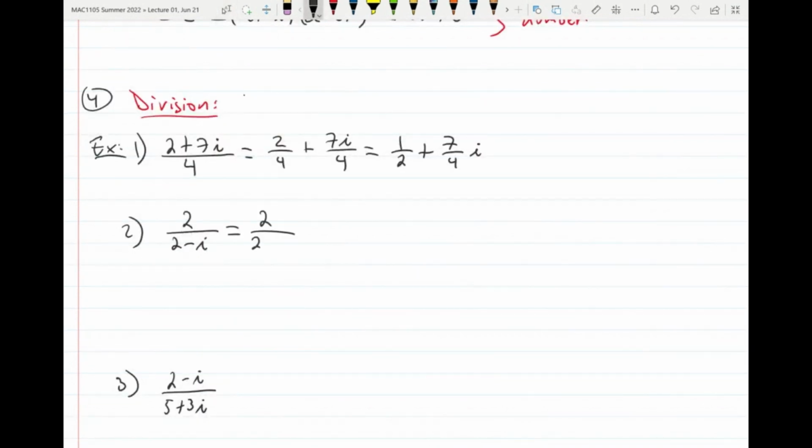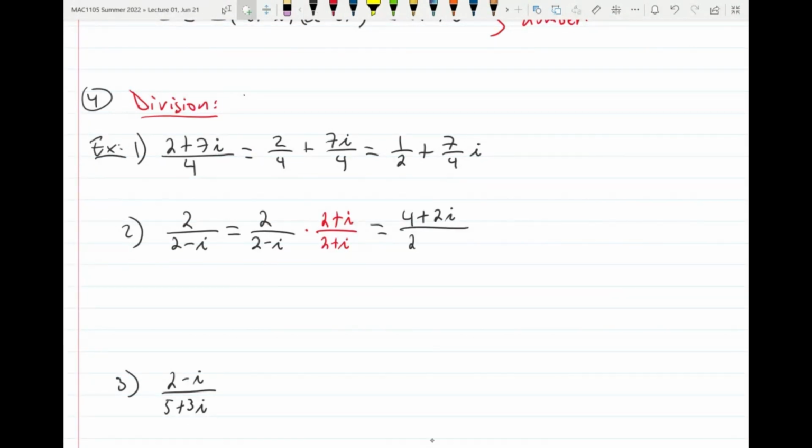So we do 2 over 2 minus i, and then we multiply top and bottom by 2 plus i, because this is the conjugate of this. Just change the sign, remember. You okay with this? All right, so now when you multiply, on top we get 4 plus 2i, but then in the bottom, remember, this is a product of conjugates.